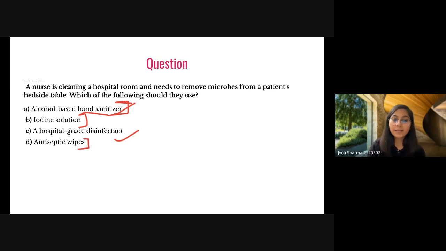Antiseptic wipes is again antiseptic, and antiseptics are used for the living tissue or the living skin. But if this is the floor or the surface of some non-living thing, then we need disinfectant, and we need a hospital grade disinfectant to remove the microbe from the bedside table. So C is the right answer.